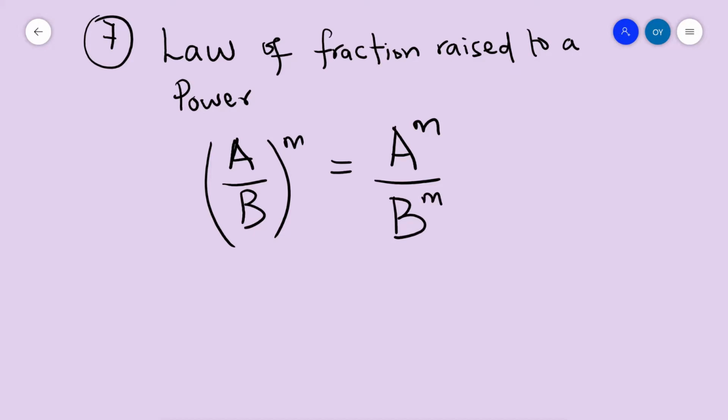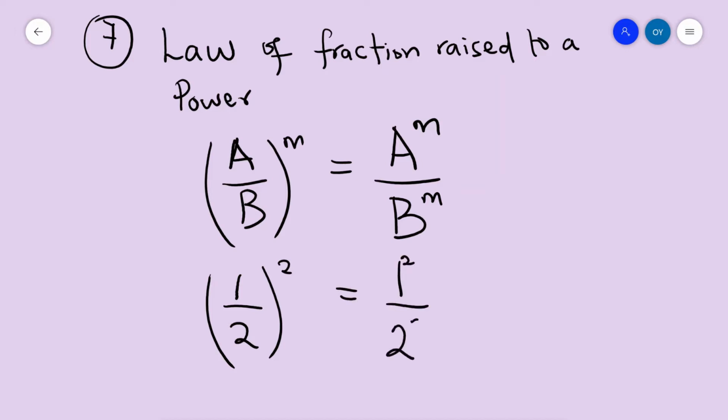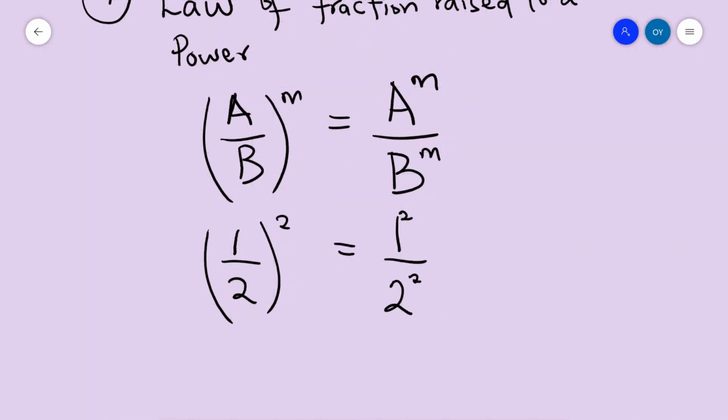An example here is 1 over 2 all to the power of 2. This would be 1 to the power of 2 divided by 2 to the power of 2, and this gives us 1 over 4.